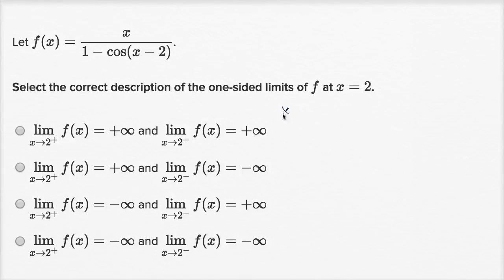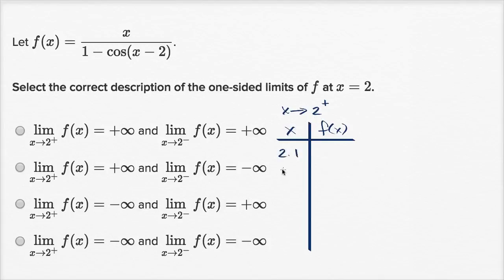So if we think about x approaching 2 from the positive direction, well then we can make a little table here where you have x and then you have f of x. And if we're approaching 2 from values greater than 2, you could have 2.1, 2.01.